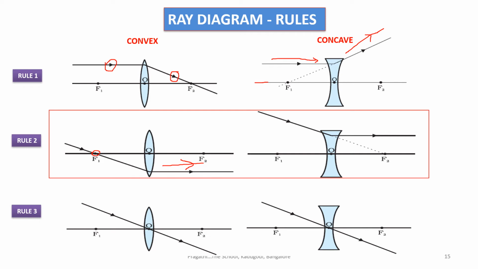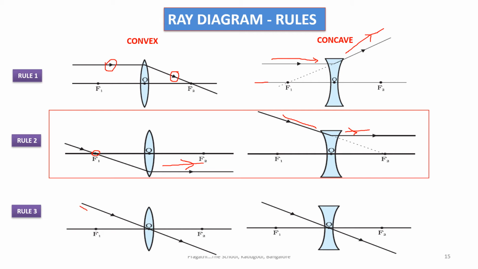See, it is passing along the focal point. We should not say that it is passing through the focal point. It cannot pass through. Why? Because once it comes, it diverges. So you should say the word along the focal point, it diverges in a parallel manner.